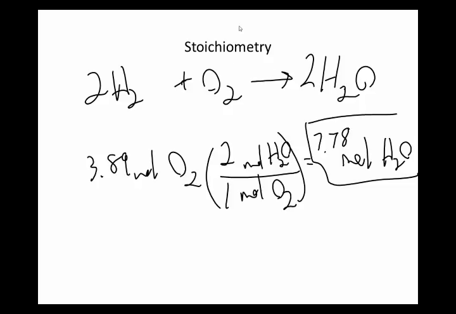Product, reactant, doesn't really matter. And you're asked to find out information about one of the other substances in the reaction. And at the core of every stoichiometry problem is this step, this mole-to-mole conversion using the coefficients.